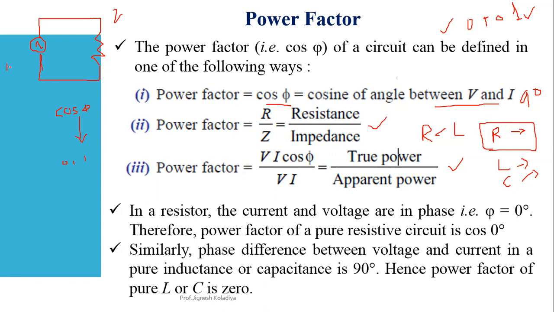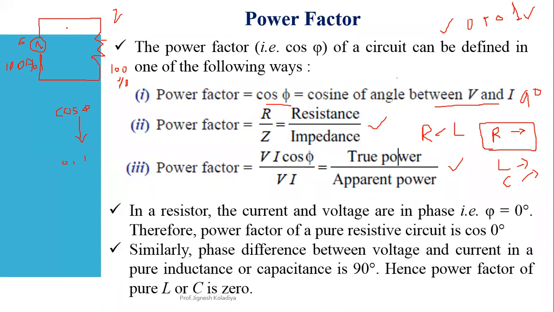If you are giving 100% input, and your output is also 100%, that means from sending end to receiving end, when your output is transferred, there are no losses.